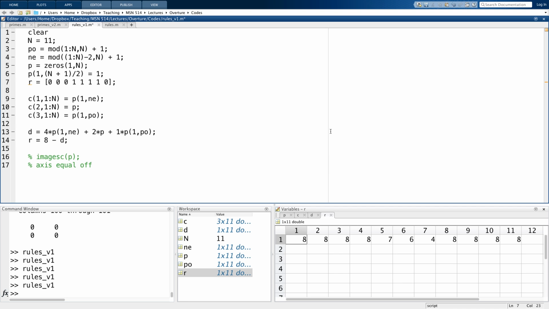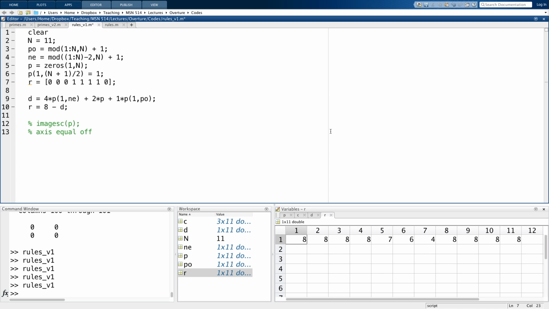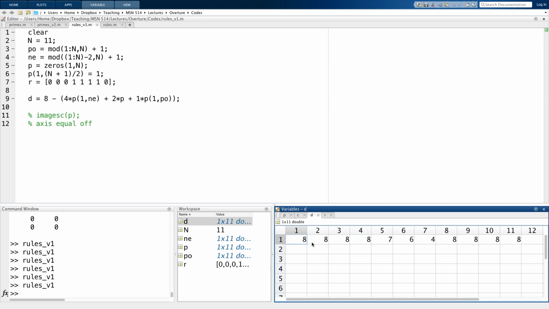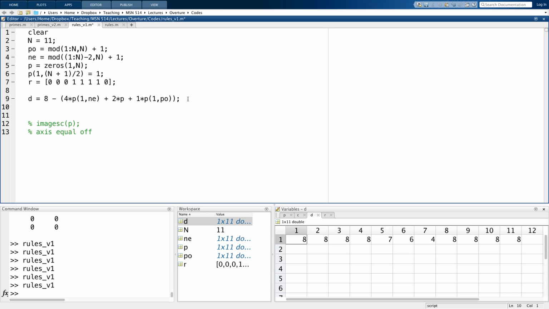So what I will do next is super tricky. Let's just take this 8 over here. There it is. So I have this D vector that is basically this 8, 8, 8 something. So what about R of D?